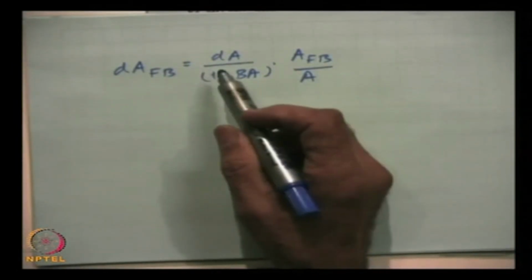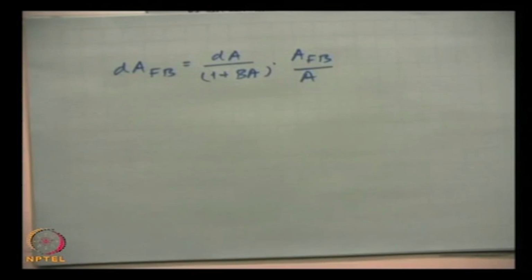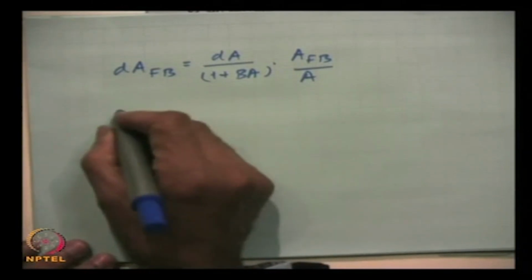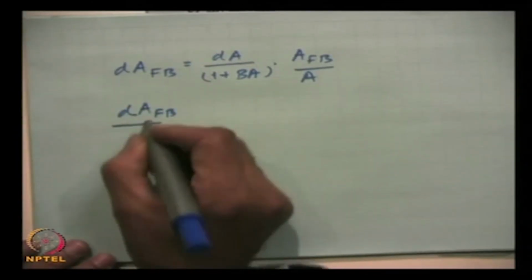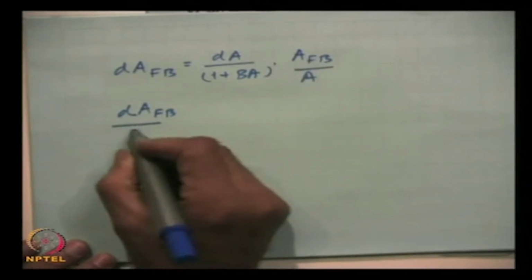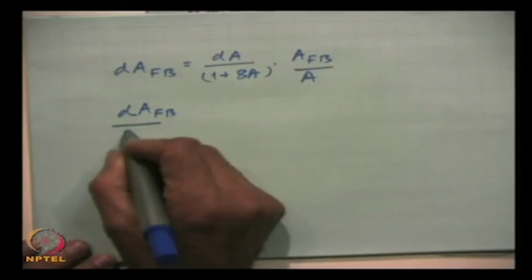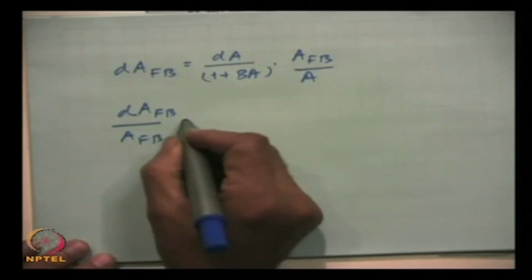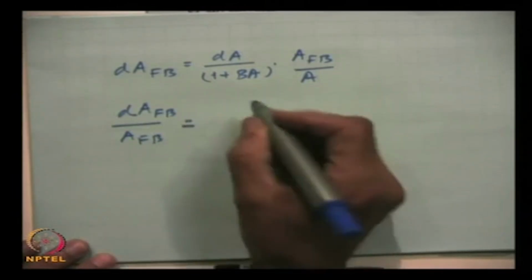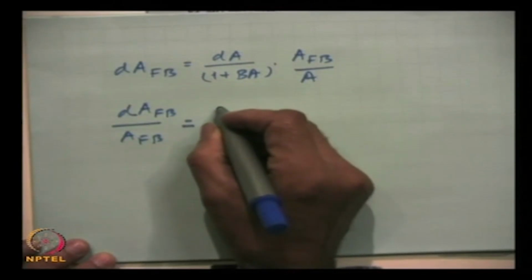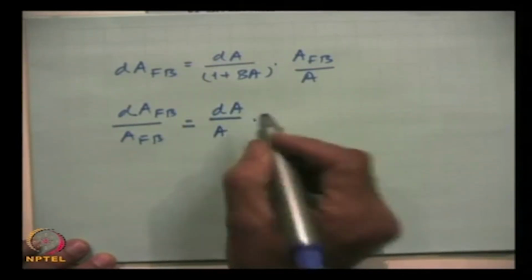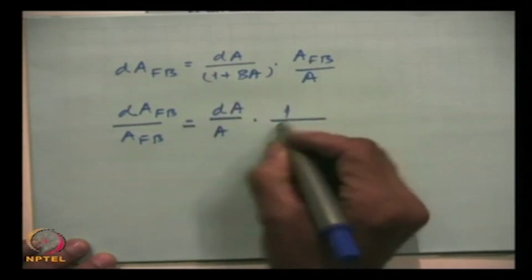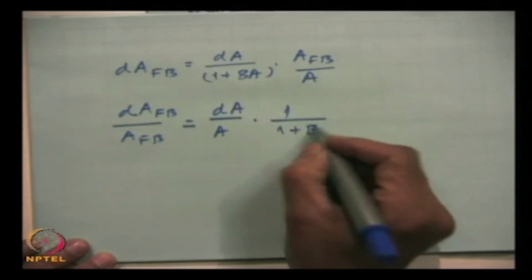So, this can now be rewritten in the form dAFB by AFB, we take this on this side, equal to dA by A into 1 by 1 plus BA.